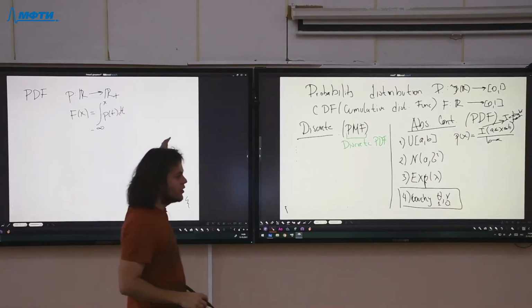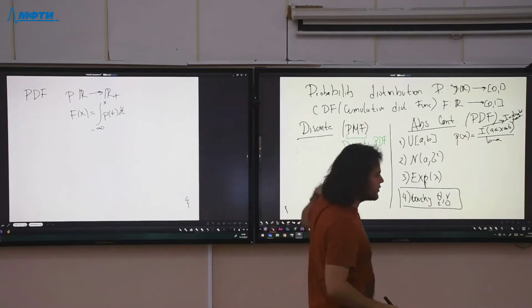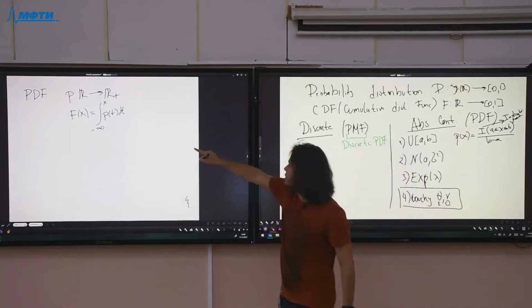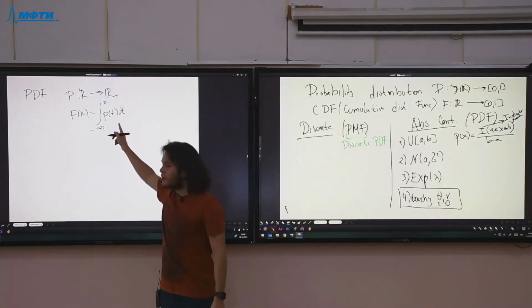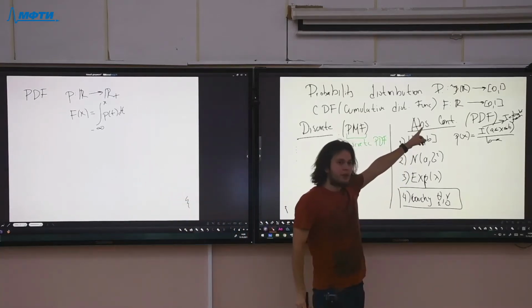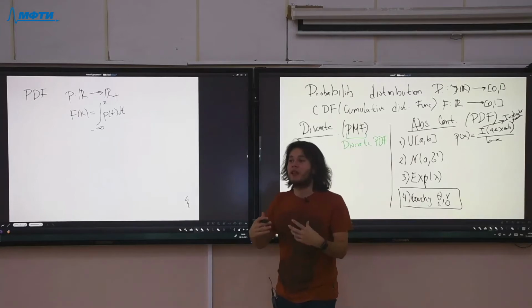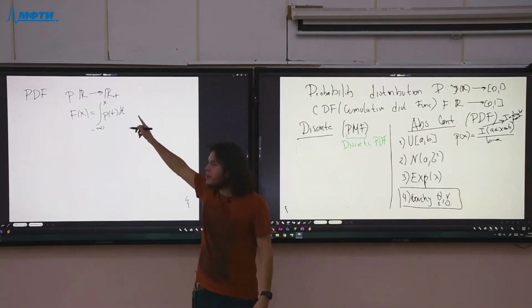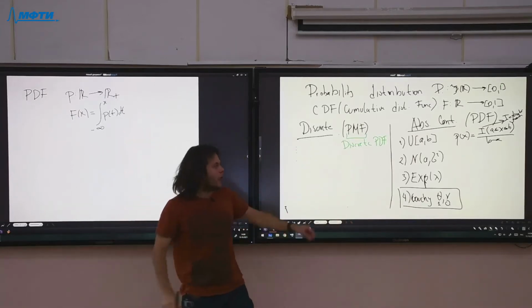So if such a function p exists, and this function exists only in the case when we have absolutely continuous, right? Well, we actually say, if this function exists, then it means that this distribution is called absolutely continuous.